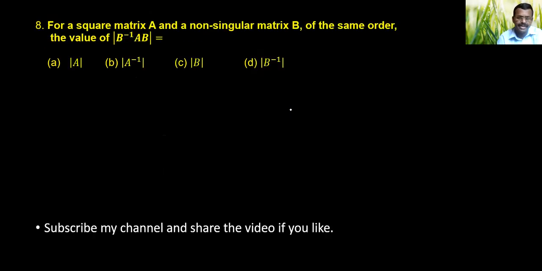Question number 8. For a square matrix A and a non-singular matrix B of the same order, the value of determinant of B inverse AB is equal to.